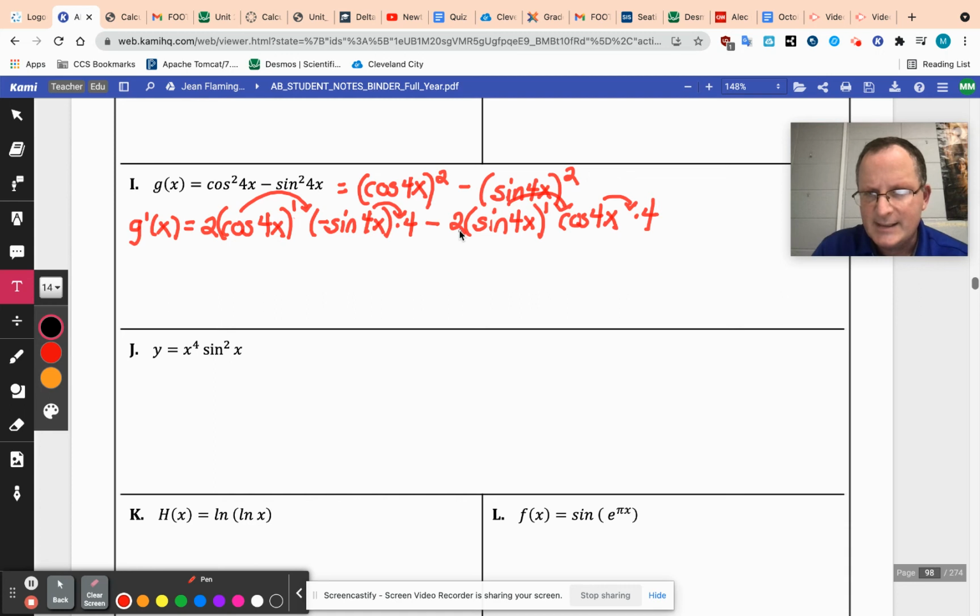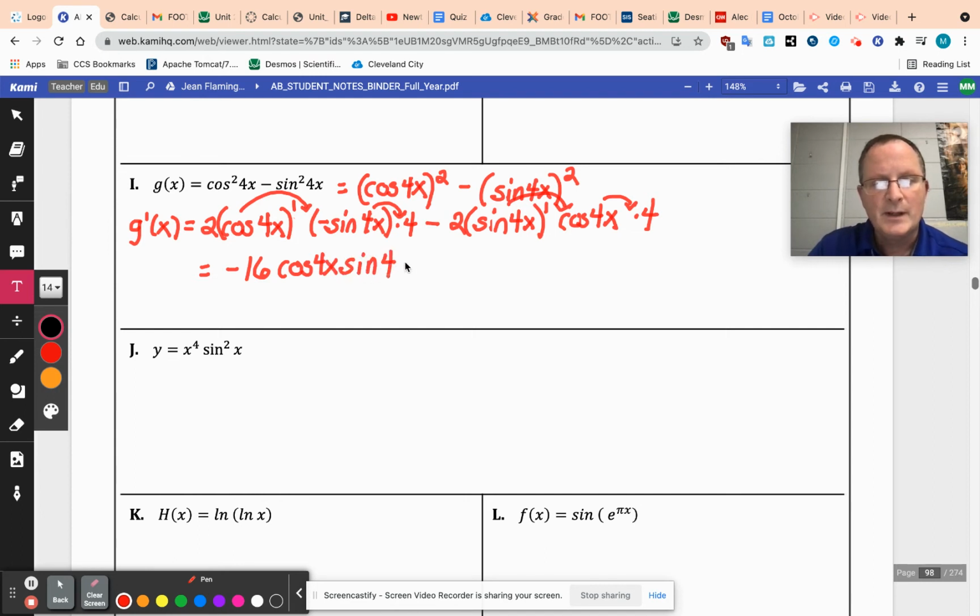And this is minus 8 of the exact same thing. So that's negative 8 minus 8. And everything's exactly the same, sine 4x, cosine 4x, that's negative 16. Negative 16 cosine 4x, sine 4x.